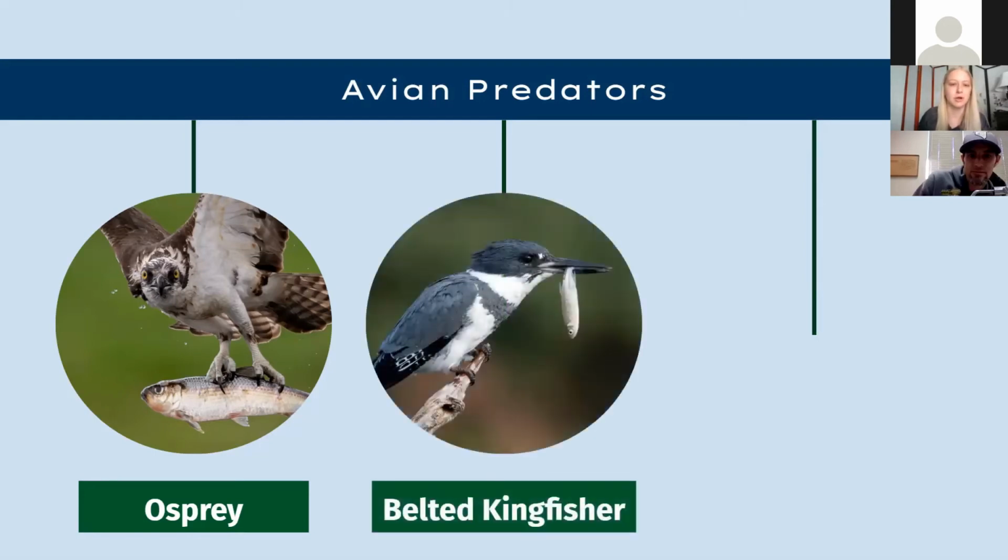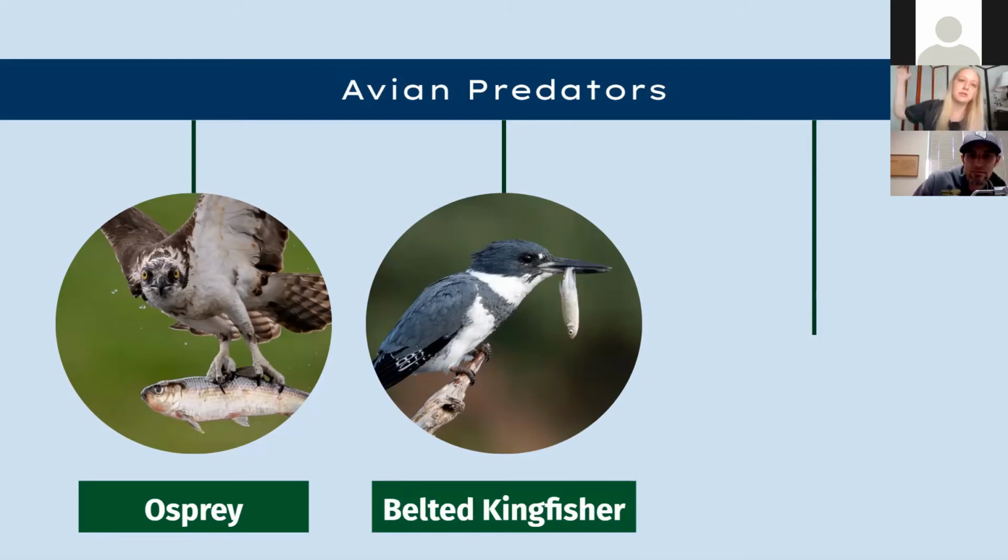We have our belted kingfisher. So our belted kingfisher is a smaller bird, maybe around the size of a dove, a little bit larger. And so they're mainly going to be eating our trout when they're in that fry stage, when they're in that juvenile stage. So they're not quite large enough to escape being eaten by our belted kingfisher. And these birds are really well adapted to be able to dive into the water.